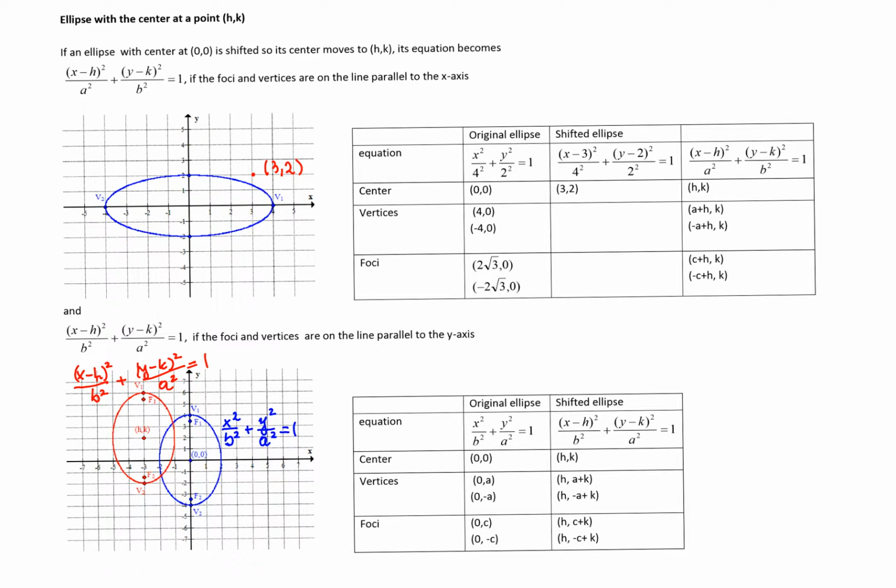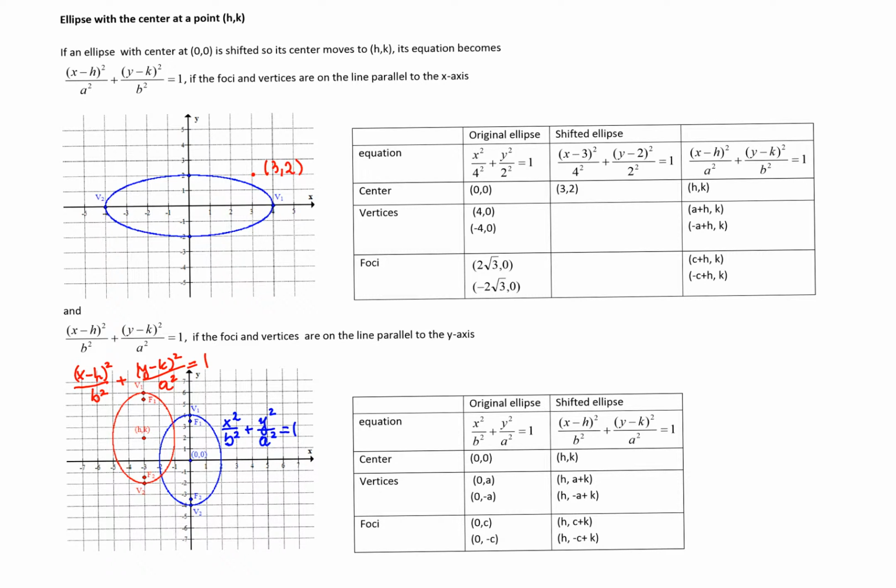If we shift this ellipse so the center is going to be the point (3, 2), that means that we shift 3 units to the right and 2 units up.